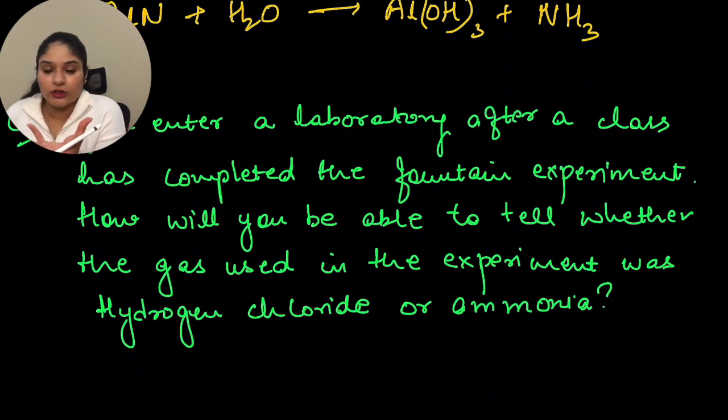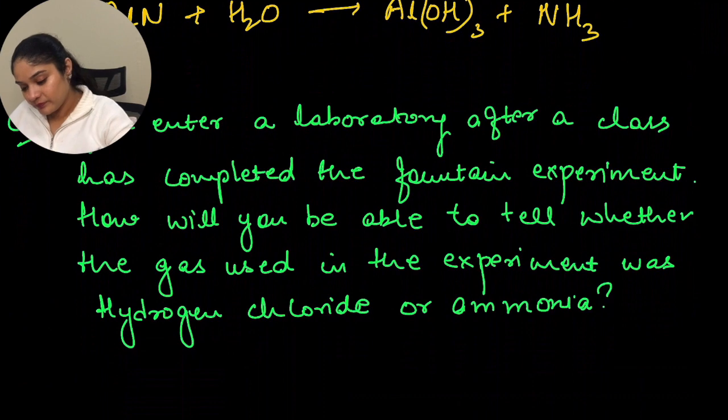And if the trough was containing blue colored solution, that means you were testing hydrogen chloride gas. Because they are not saying that you are doing the experiment, the question is saying the experiment was already done when you entered the class. So make sure that you mention the color of the trough.